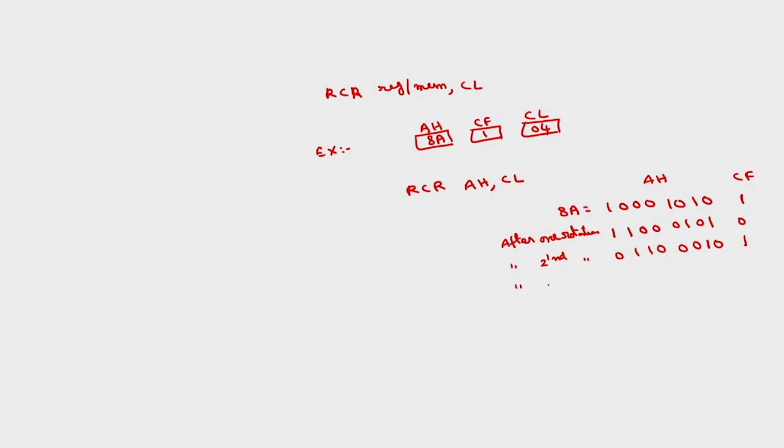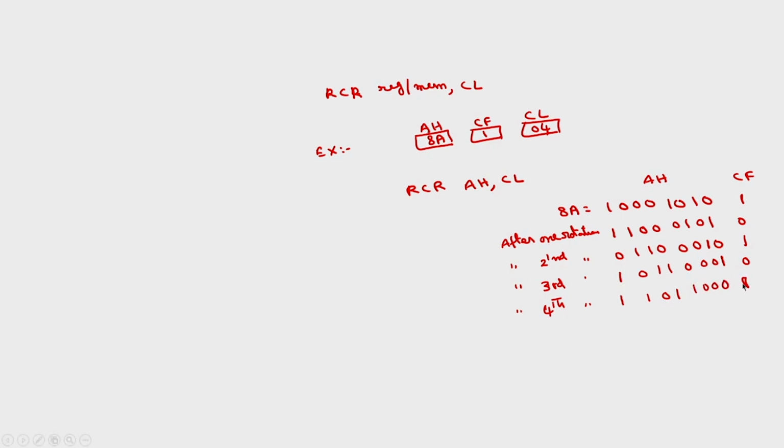After third rotation, all these bits will be shifted here, this will become 0110001 and this 1 becomes carry. And after fourth rotation, the previous carry flag 1 will come here, so 1101 1000, and this 1 becomes carry.